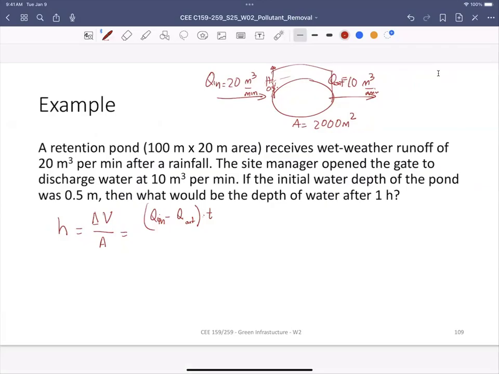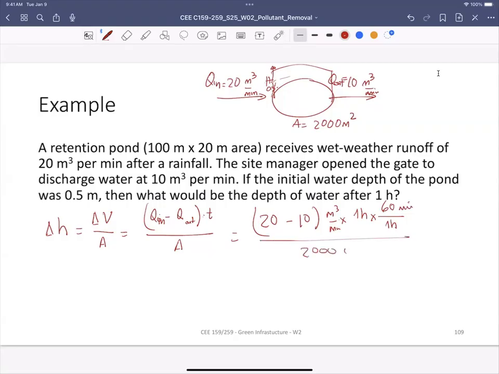That's basically the amount of height increased, divided by area, and it's going to be 20 minus 10 cubic meters per minute times time, which is 1 hour. 1 hour is the same as 60 minutes, divided by the area, 2000 square meters.